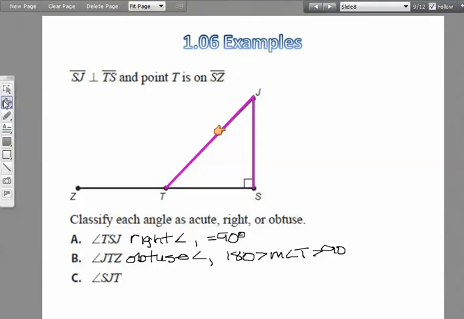So if it's less than 90 degrees, it's going to be acute. So let's write that down here. We can come down here and we can say it's an acute angle and it is less than 90 degrees. Well, you're going to get a little dot there. It's a dot or a big O. Okay, let's see what's next.